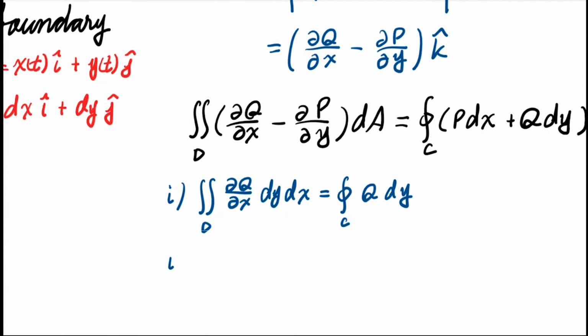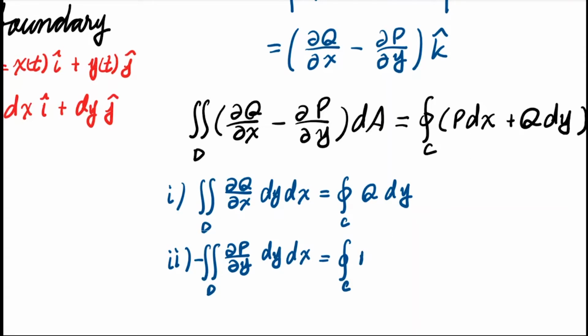And then statement 2 will have this negative partial P partial y now, right? dy dx is the same as, well, this is over D, and this is over C, the boundary, and then whichever has P in it, P dx. Okay.